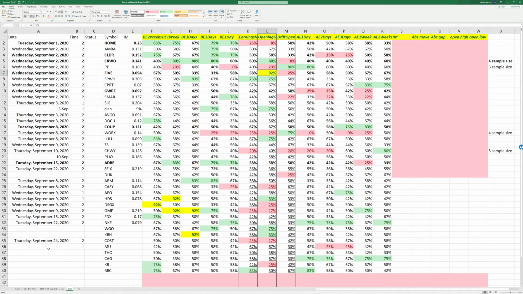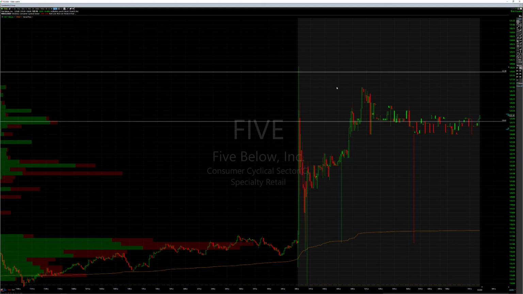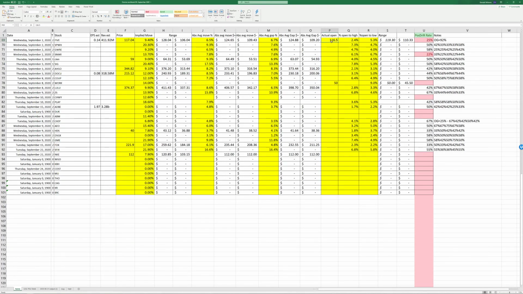So what I'm going to do tomorrow on Five is let's say we open at 125.19, which puts us right on that average gap. You notice that? So we're right on the average. He's doing exactly what it normally does as of now.